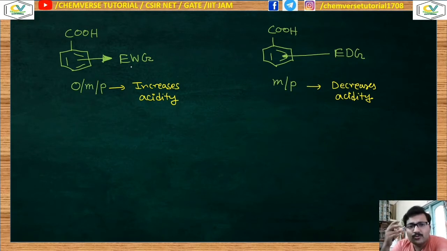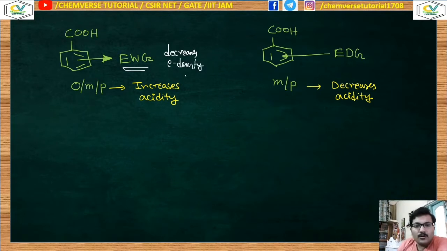So if an electron withdrawing group is present, the electron withdrawing group will drag electron density from the benzene ring. So this electron withdrawing group actually decreases the electron density over the benzene ring.